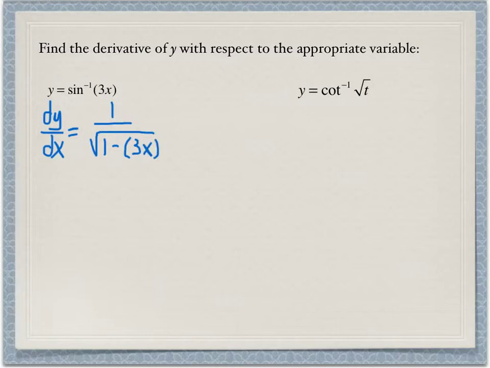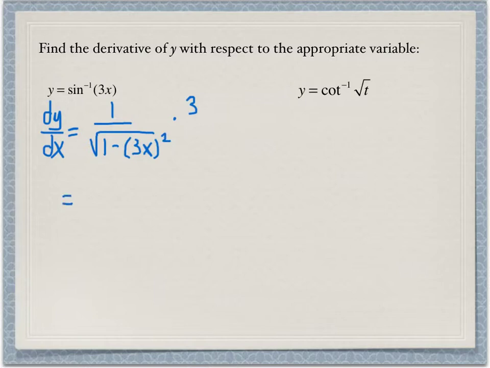So 3x squared, and then here's the tricky part: you now have to multiply by the derivative of this argument, or of that function, and of course the derivative of 3x is just 3. That goes in the numerator.